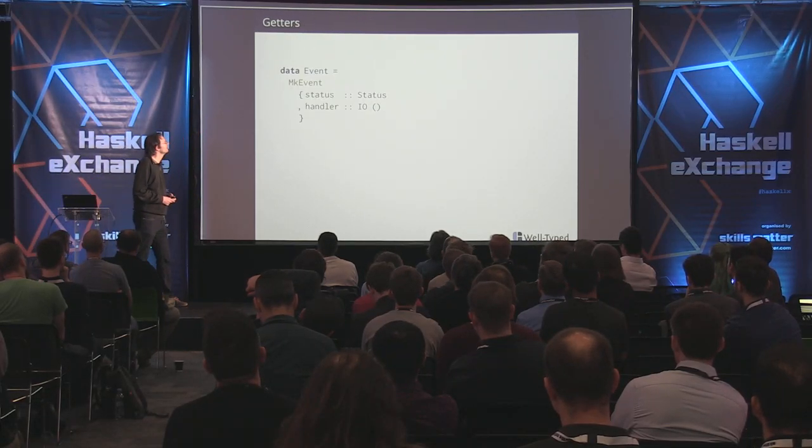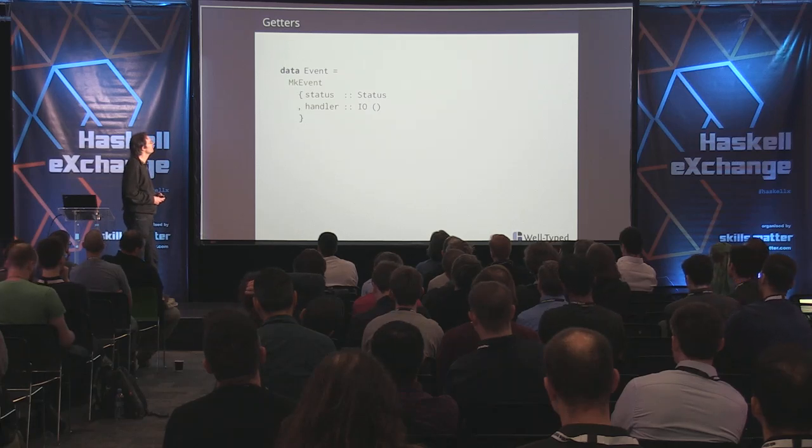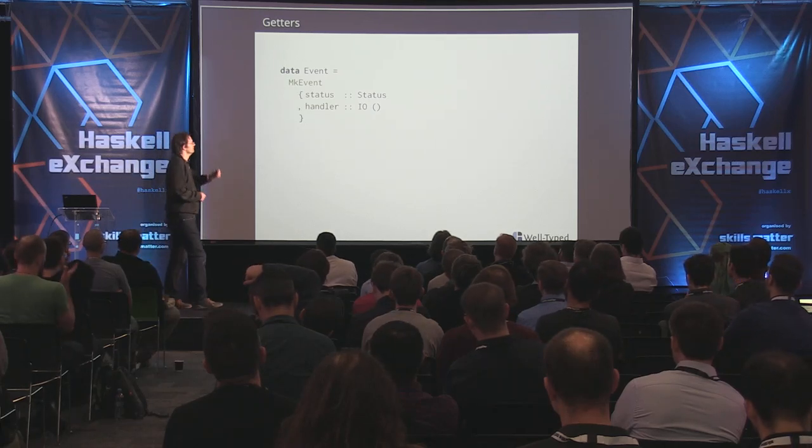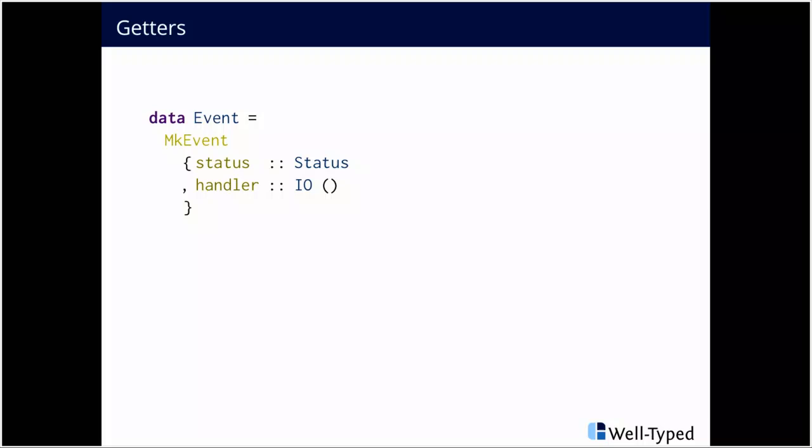So now let's look at a number of other interesting examples. This is an event type that reuses the status type that I've been talking about in the beginning. And it's an example of a type that you're sometimes dealing with, which has a record type, has a bunch of fields, and some of them are rather well behaved, like status, and others might be kind of ugly, like I/O actions or functions or stuff like that, right?